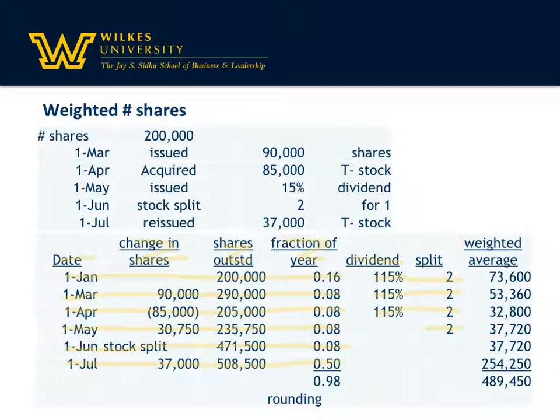There's 2 things I want to point out. First is when those shares are reissued, they're issued as shares. They were not outstanding, so they did not get the stock dividend. They did not get the stock split. They're still simply shares of stock out there. So we just add them in at the 37,000. And the second thing I want to point out is when you add it up, we've only got 98% of the year.